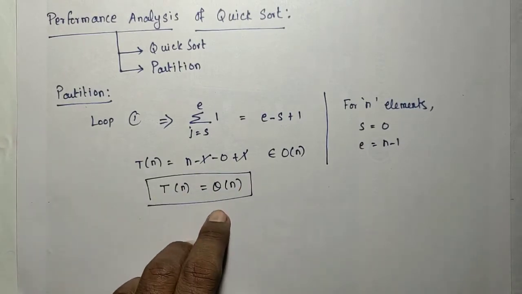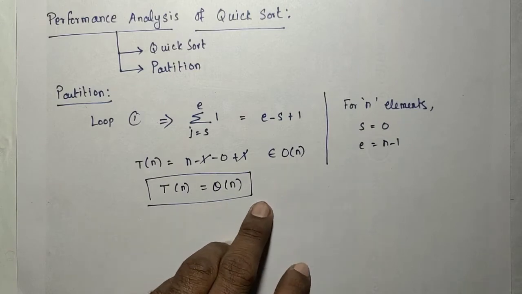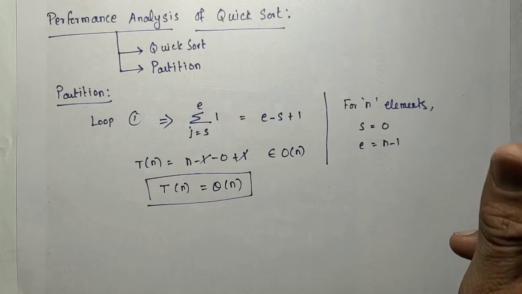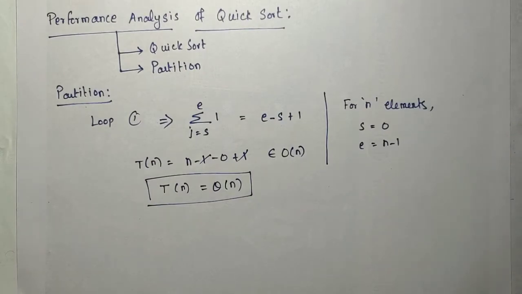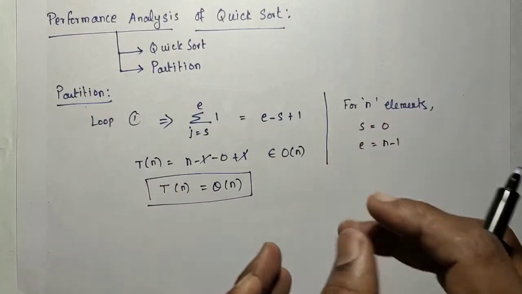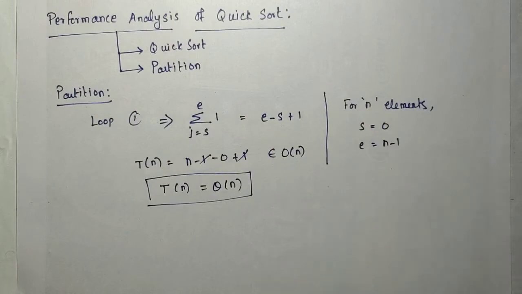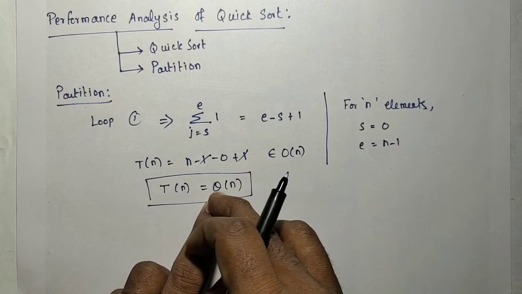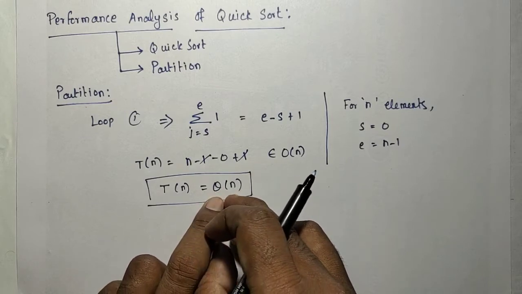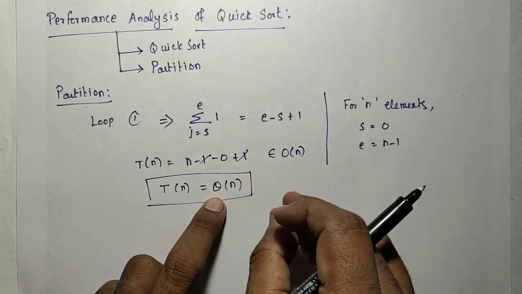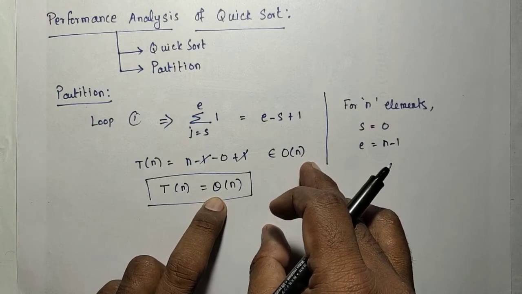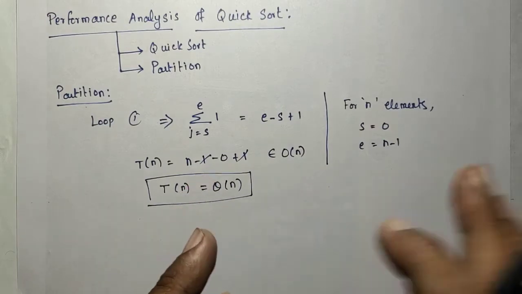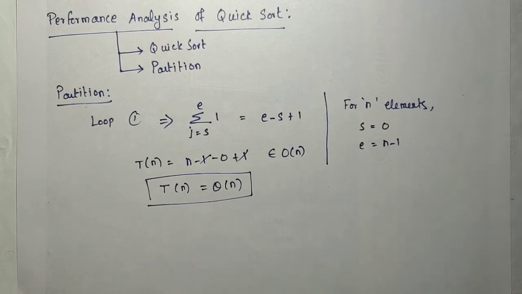Why have we put theta of n? For the quicksort we are going to obtain a recurrence, and for solving the recurrence, the format should be theta of n something. To get that format, we represent theta instead of O. For representing time complexity, we represent the upper bound only, that is, beyond this function my complexity will not go.